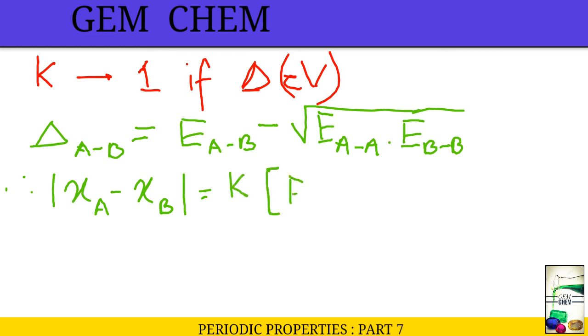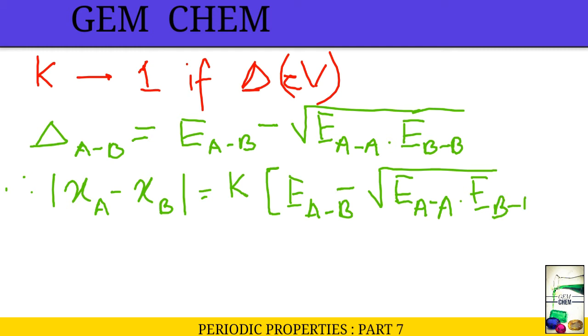then EAB minus root over EAB, whole in bracket to the power half.